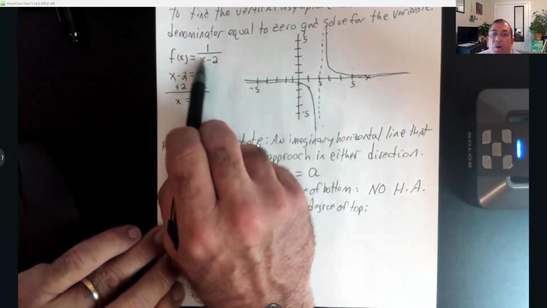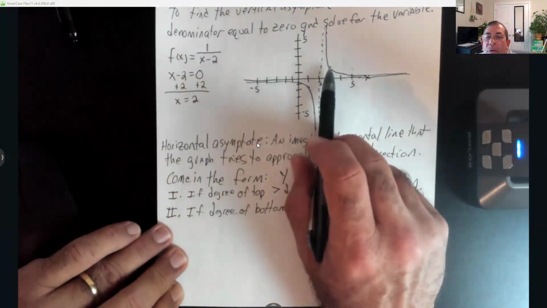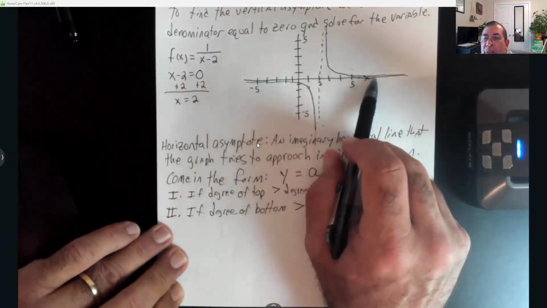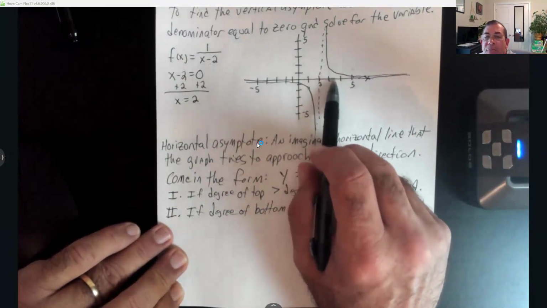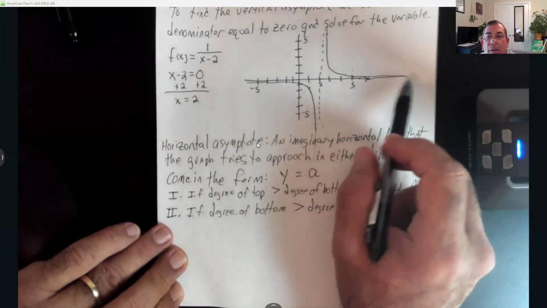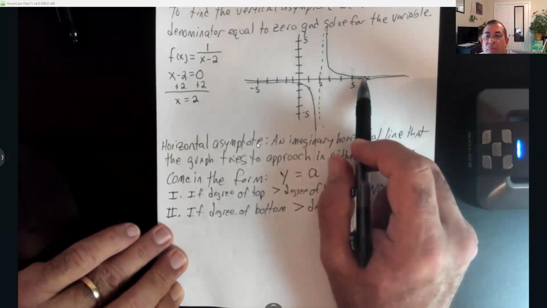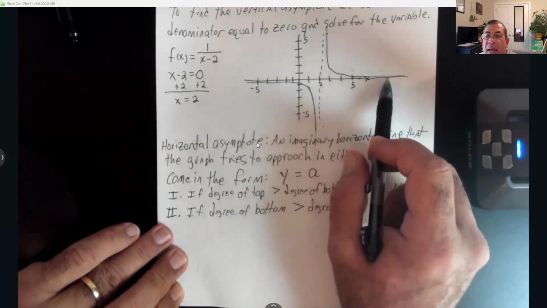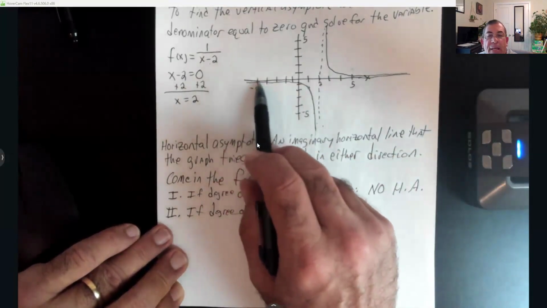So my bottom degree was greater than my top degree on this problem. Well, what are these graphs trying to approach as they head out towards infinity? What is the y value for the x-axis here? Because that's where these lines are trying to get to. So y'all, if your lines are trying to get to the x-axis, what's that y value anywhere on this x-axis?